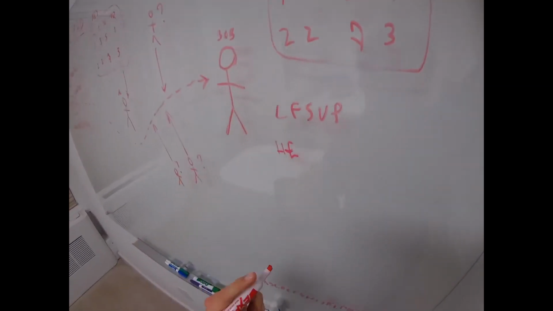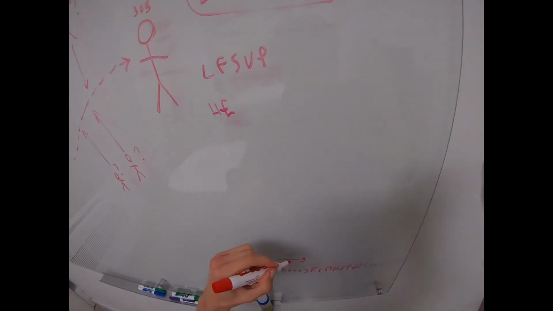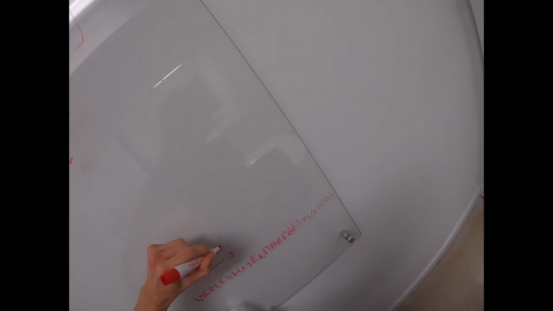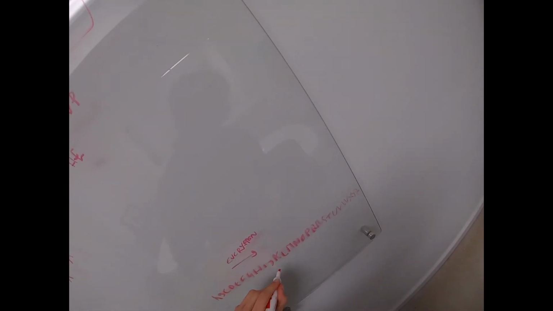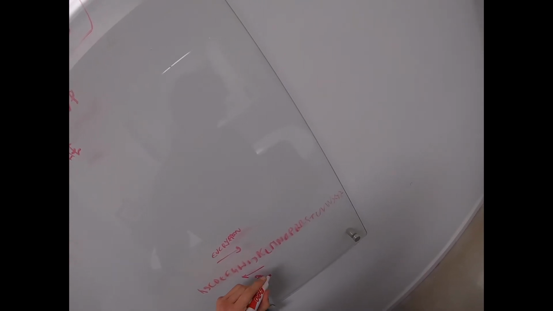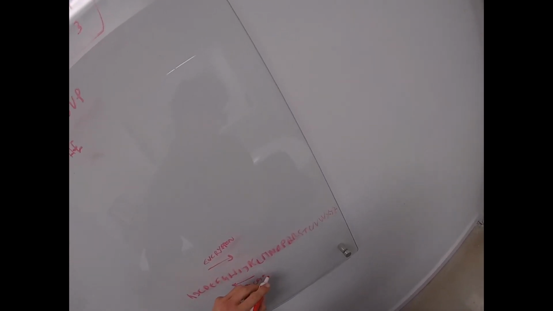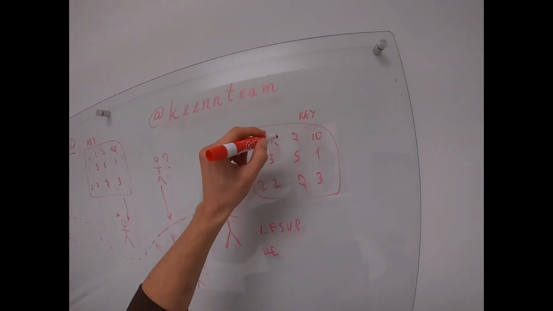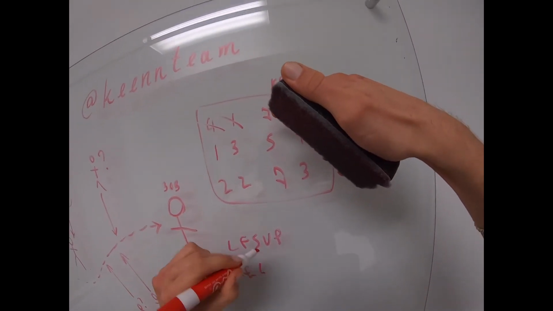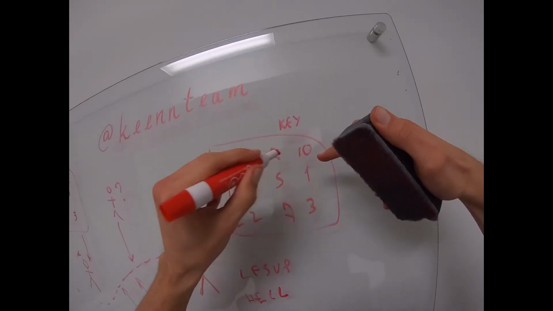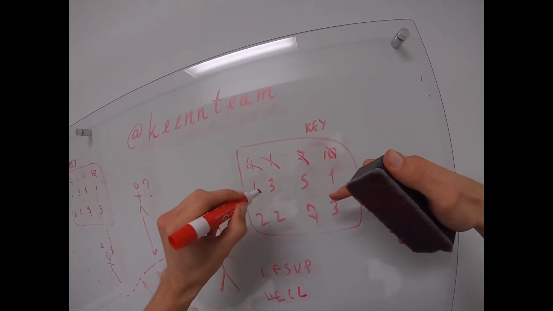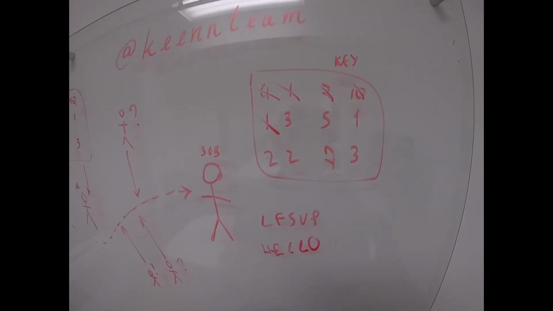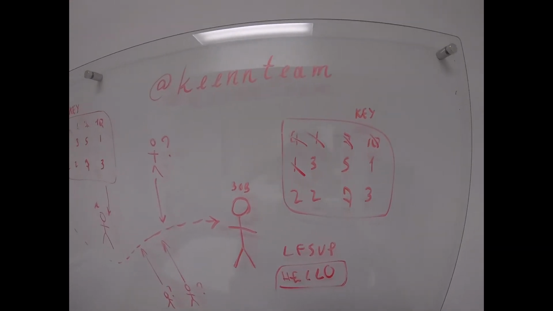Obviously, instead of shifting forward, which is the encryption, he's going to shift backwards, so he's doing decryption. So he's going to use this shift to get to L and this shift to get to L, and then he's going to get to hello. He's going to decrypt the message.